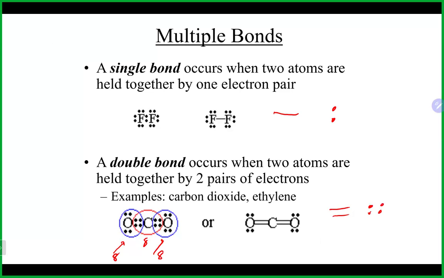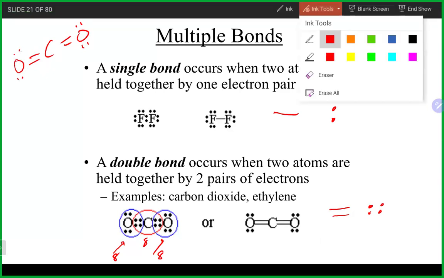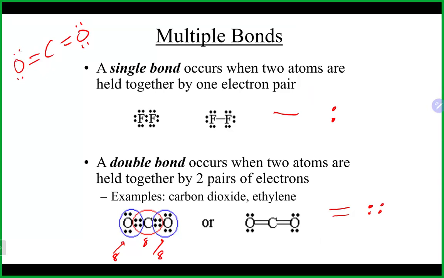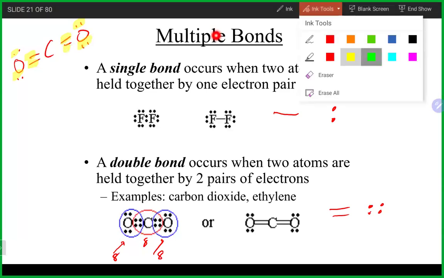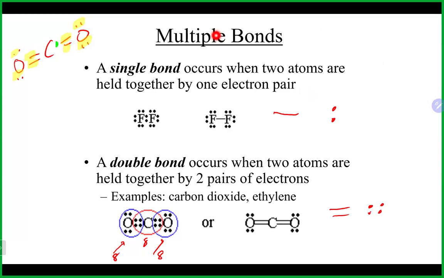So in the case of carbon dioxide, it needs those double bonds on each side to give the oxygen on the left 2, 4, 6, 8 electrons. Oxygen on the right, 2, 4, 6, 8 electrons, as each line counts for 2. And for the carbon in the middle, it needs 2, 4, 6, 8 electrons.